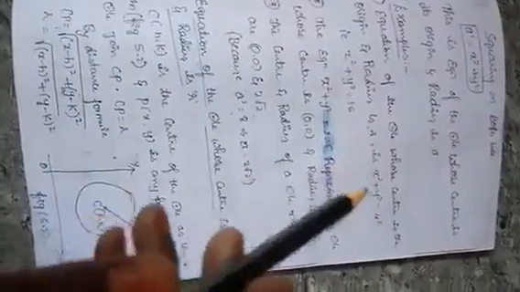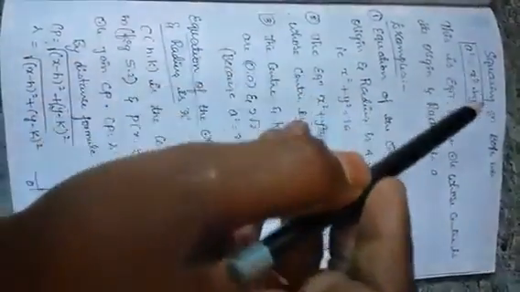Squaring on both sides, the root and the square get cancelled, and we get a square is equal to x square plus y square.